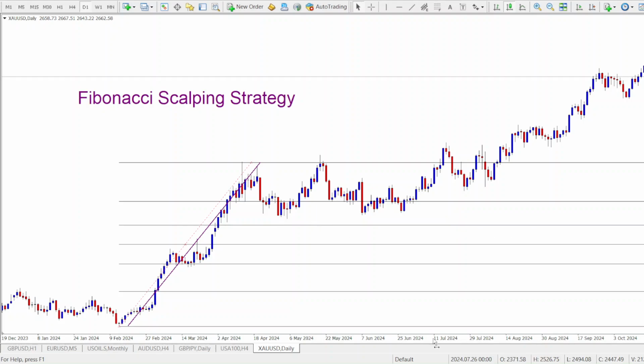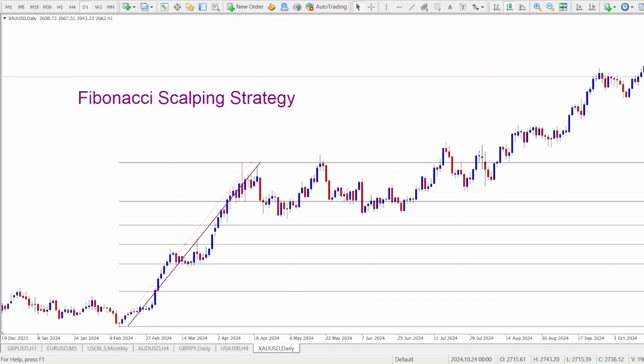Once you have placed the Fibonacci retracement tool on your chart, you should see levels like this: the 23.6, the 38.2, the 50%, 61.8%, 78.6%. These levels act as potential reversal zones or areas of support and resistance.